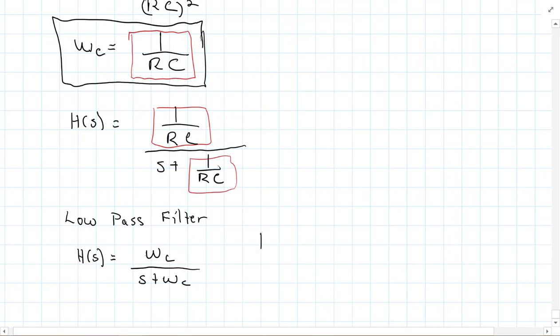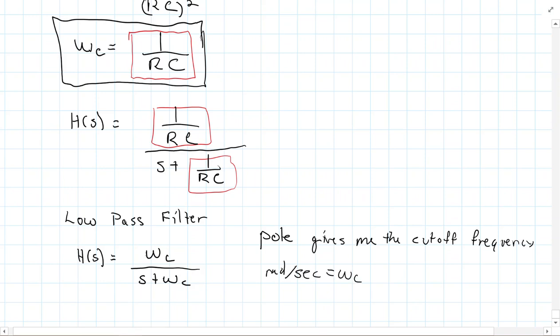So the pole gives me the cutoff frequency. Now the other thing to remember here is this is of course in radians per second, is what omega c is, which we'll look at in a couple of examples in another lesson.